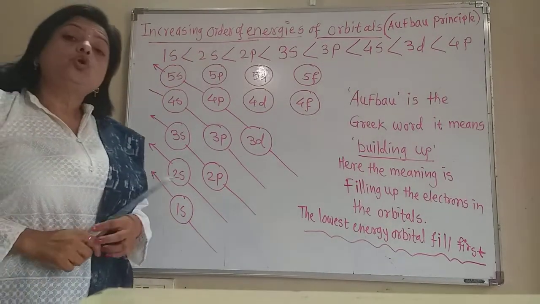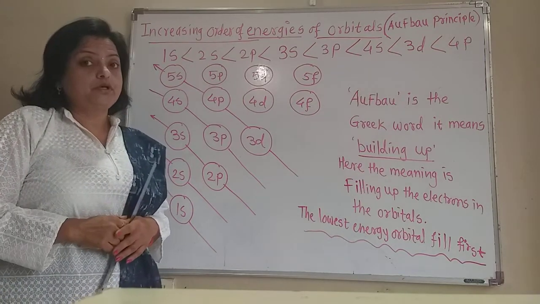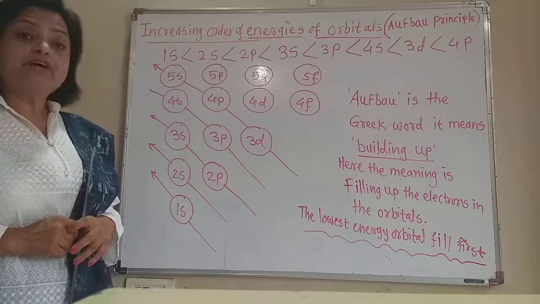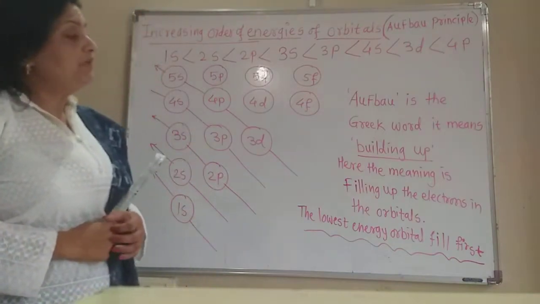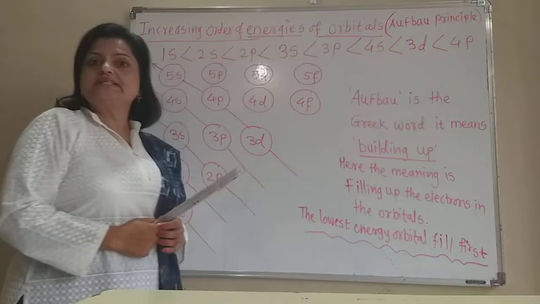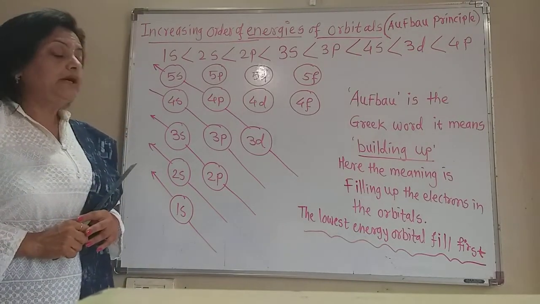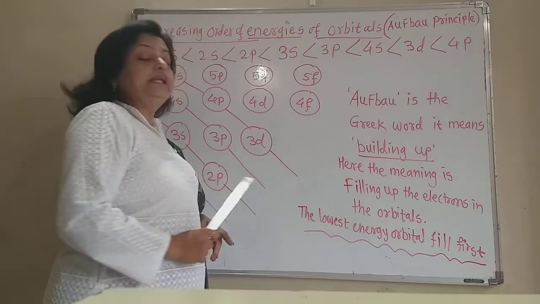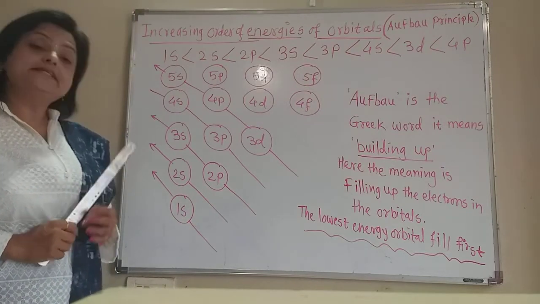That means the lowest energy orbital is filled first by the electron, and this is given by the Aufbau principle. Aufbau is a German word, and it means building up. But here we take the meaning as filling up the electrons in the orbitals.